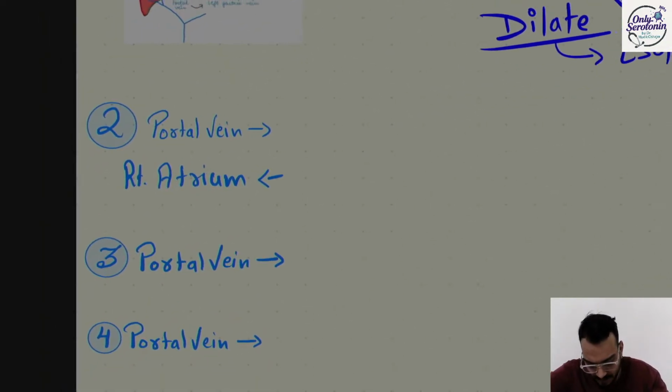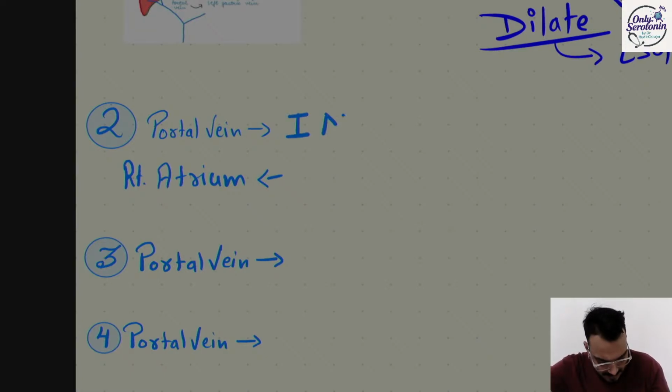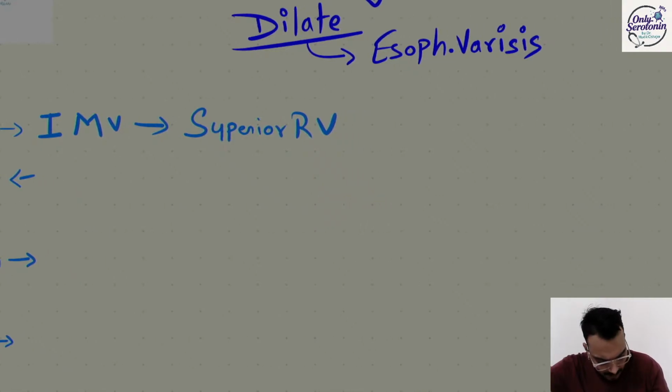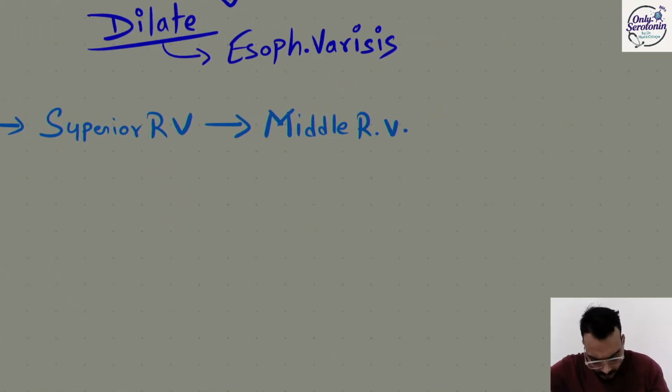Then what is my second one, guys? In second one, portal vein is giving supply to inferior mesenteric vein. Then from inferior mesenteric vein the blood is going into superior rectal vein. From superior rectal vein it will go to middle rectal vein. From middle rectal vein it will go to inferior rectal vein.